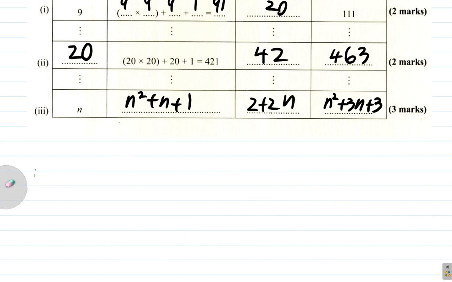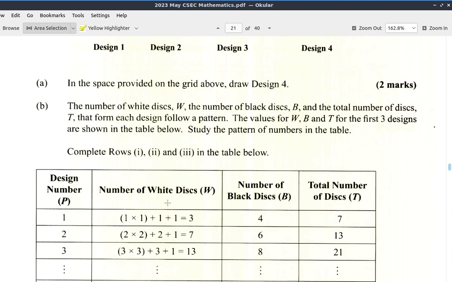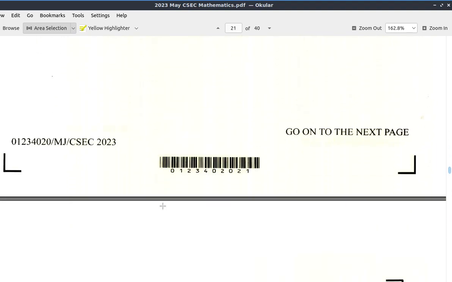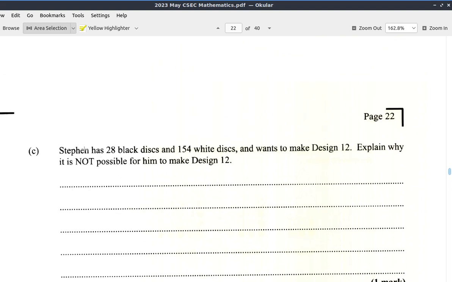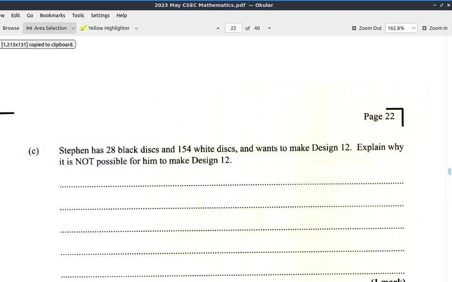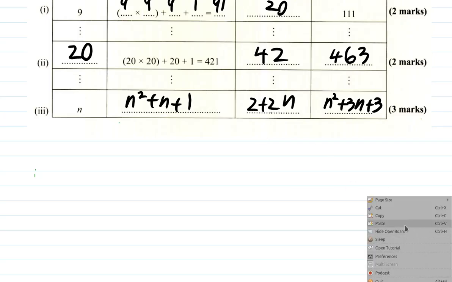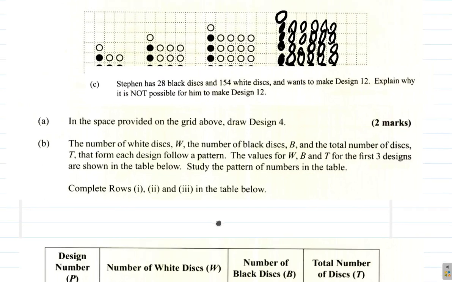Now, what else is there? Oh, let's see. Stephen has 28 black discs. Let's just copy and paste this over here.